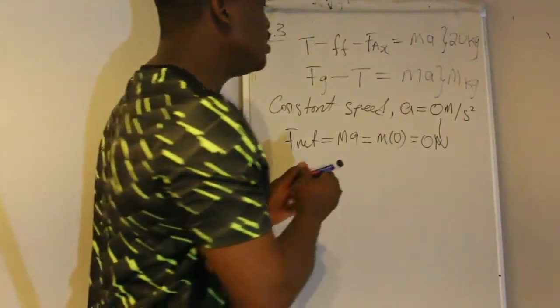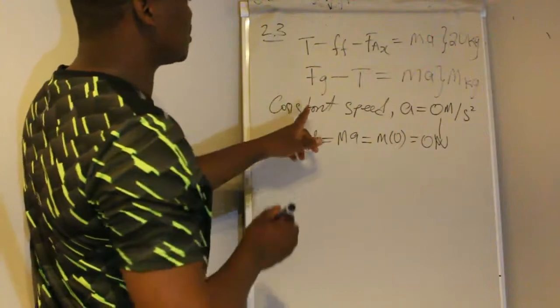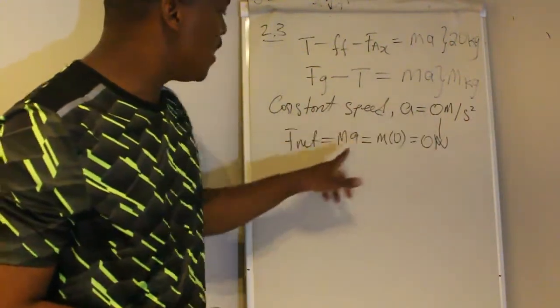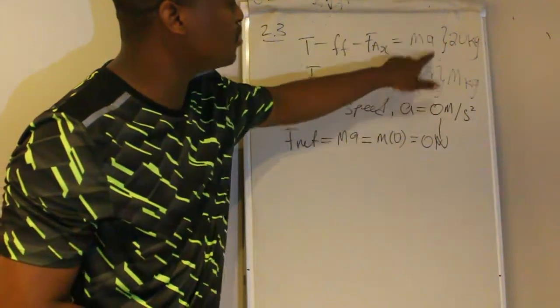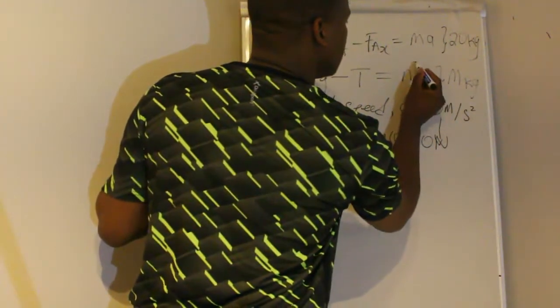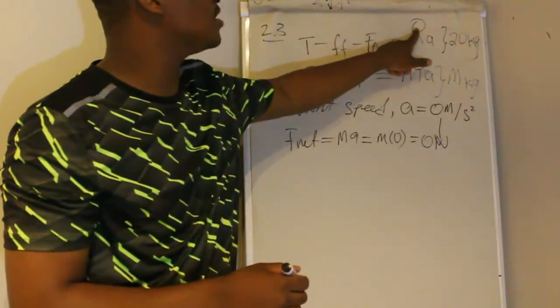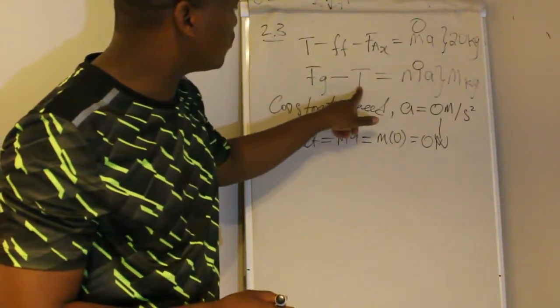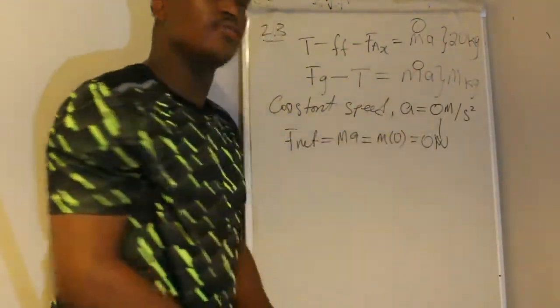So we know that if you're told the speed is constant, acceleration is 0, and the net force is 0, which means we have 0 here and 0 there. The sum of these forces goes to 0, and the sum of those forces goes to 0, because the velocity is constant for the entire system.